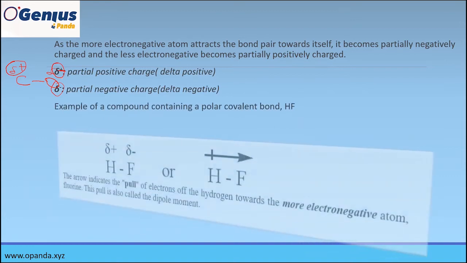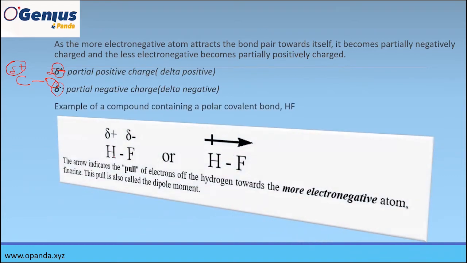And here we have the examples. Hydrogen fluoride. Hydrogen is less electronegative compared to fluorine, so it takes a partial positive charge, and the fluorine, which is more electronegative, takes a partial negative charge. Here we have a dipole moment for our bond. The charges are being pulled in which direction? Fluorine is the more electronegative one, so it is attracting the electrons, and the electrons are being pulled from hydrogen to fluorine.